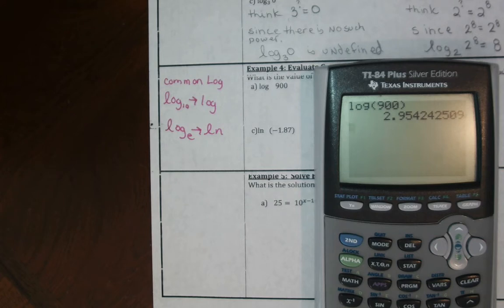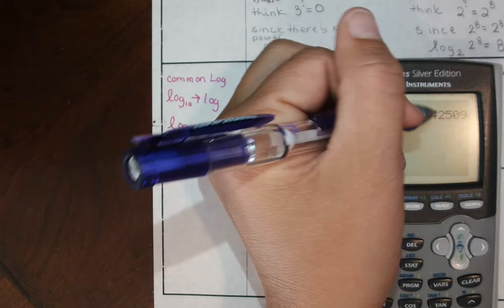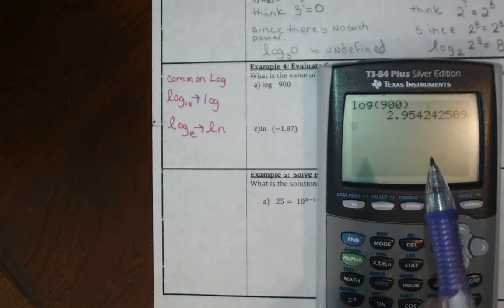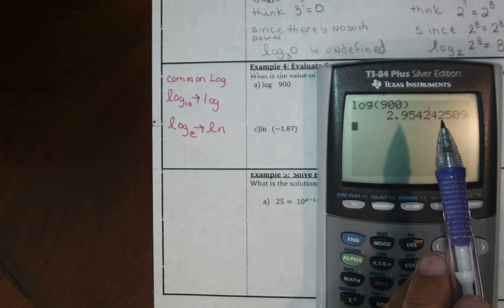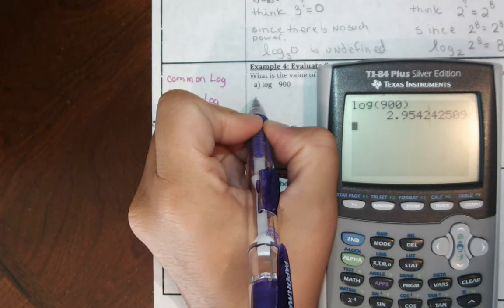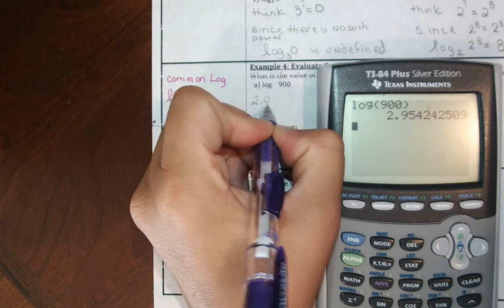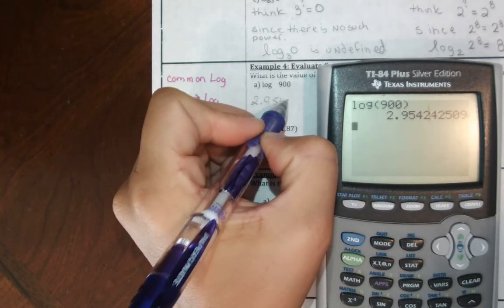That's 4 decimal places, so 1, 2, 3, 4. So we're rounding right there. The number after it is 4, so that's less than 5. So I'm going to just keep it as is. So this is going to be 2.9542.